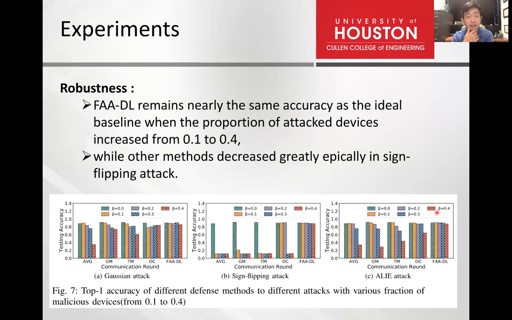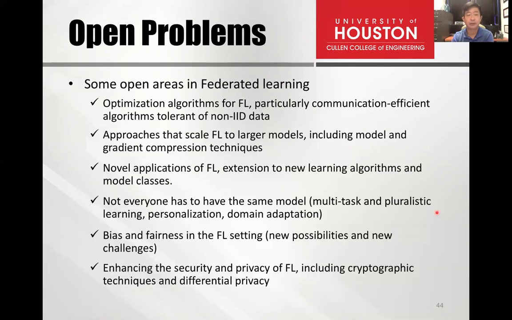For robustness, it remains at nearly the same accuracy when the attack ratio goes from 10% to 40%. While the others, due to this kind of Byzantine attack, see their performance decrease significantly, we can be more robust to attacks of up to 40%.